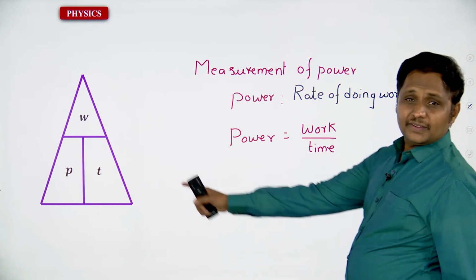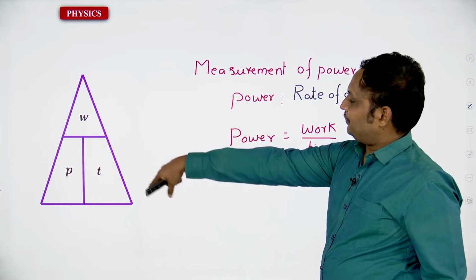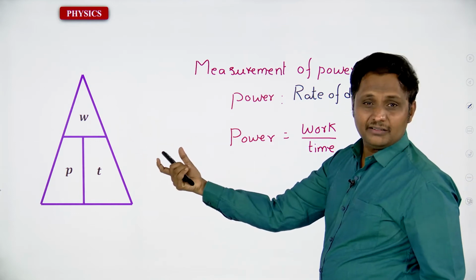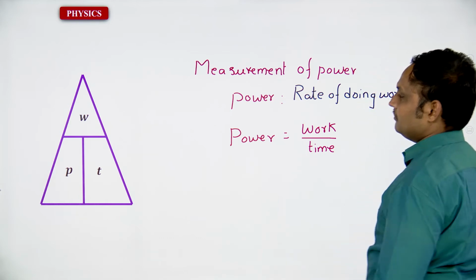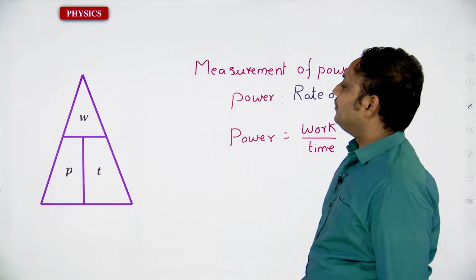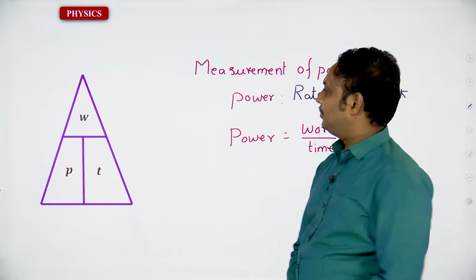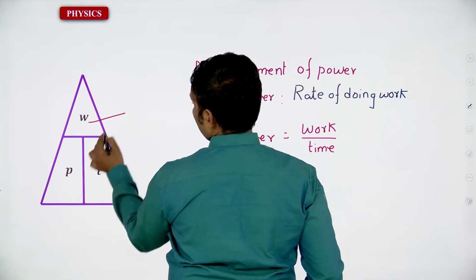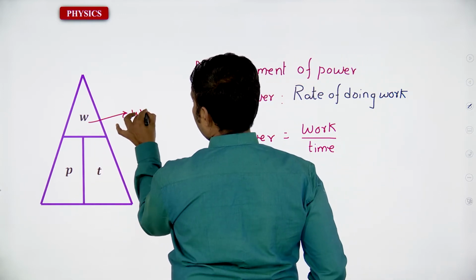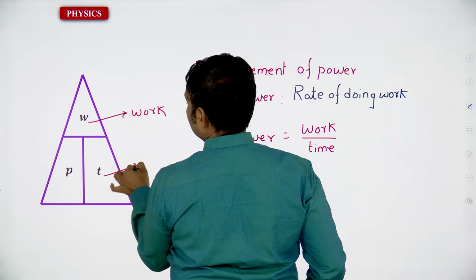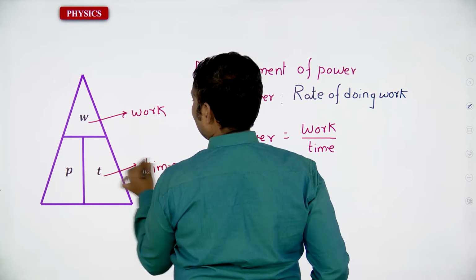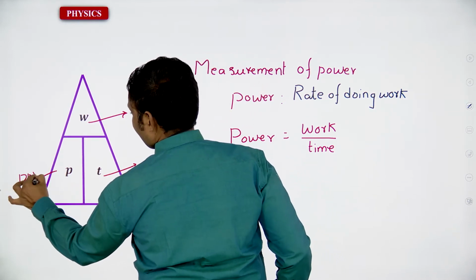So, from this formula, from this triangle, it has been designed so that you should know this is going to be work, this is going to be time, this is going to be the power.